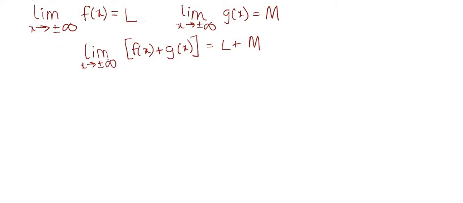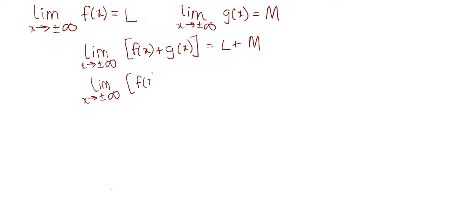So basically you can separate, take the limit with only f, add it with the limit with only g, same as taking the limit on the entire sum of functions. And as you might have suspected, it's the same thing with subtraction also.